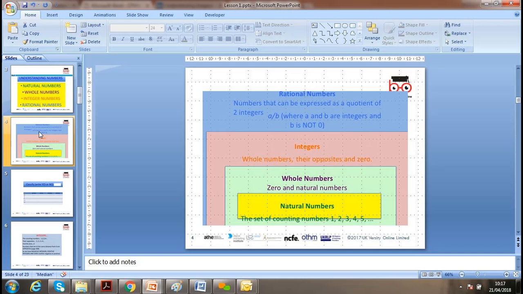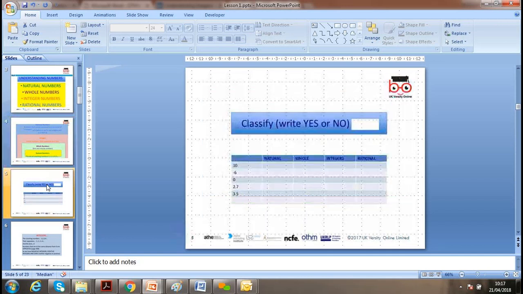These are the natural numbers, the base numbers, the routine numbers. Any questions? You already learned these in maths, which we are going through.